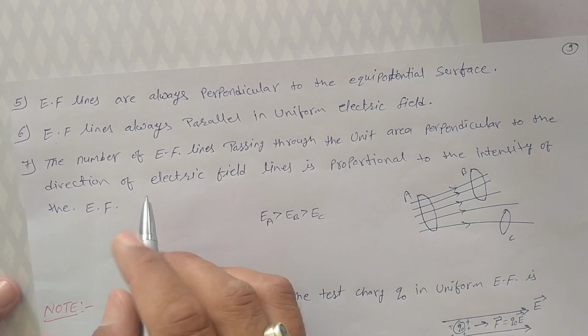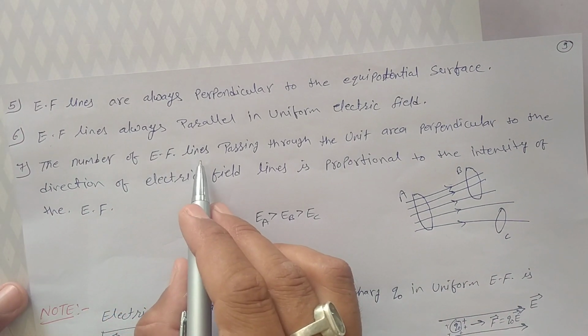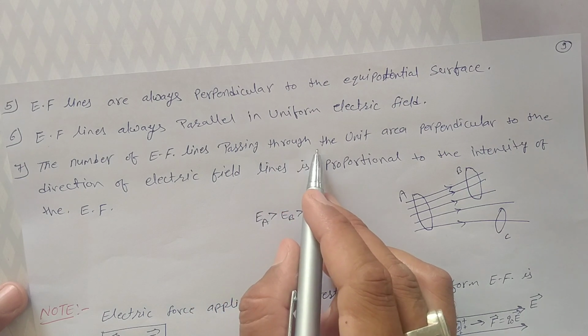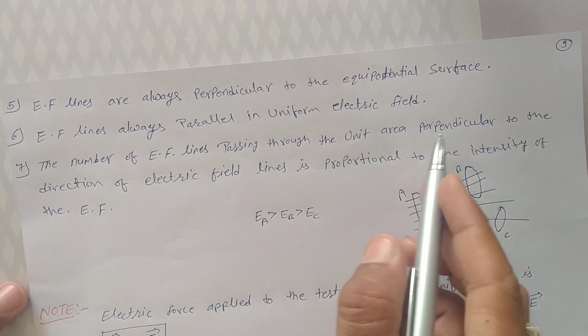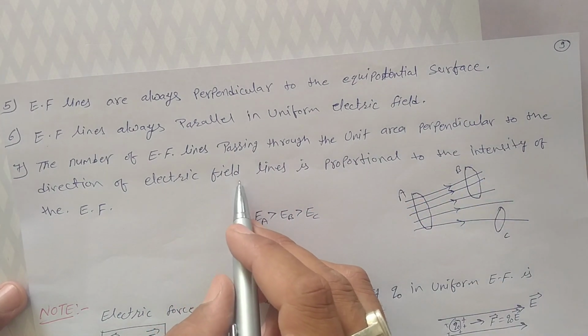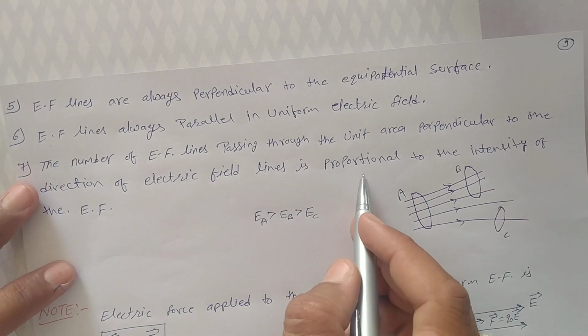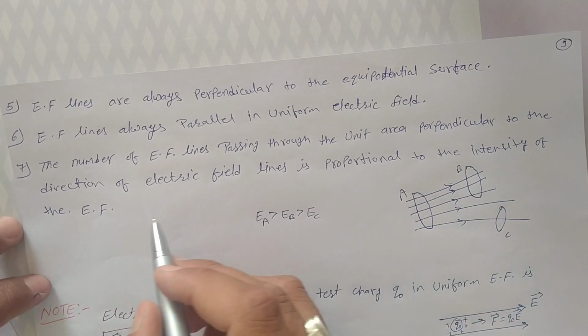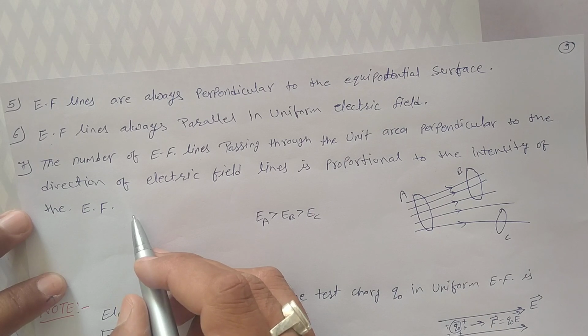Next point, the number of electric field lines passing through a unit area perpendicular to the direction of electric field lines is proportional to the intensity of the electric field.